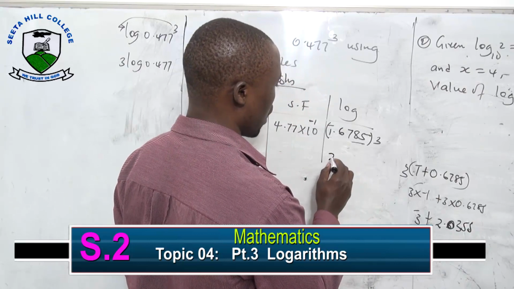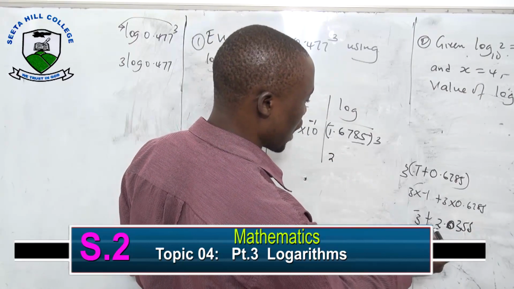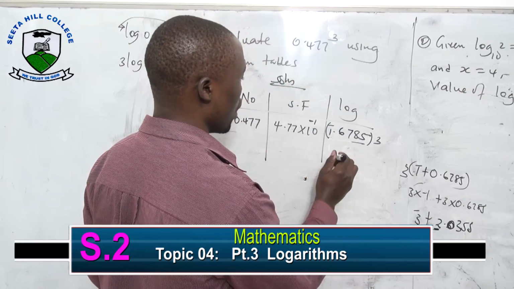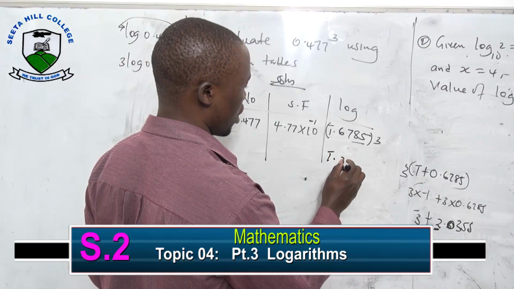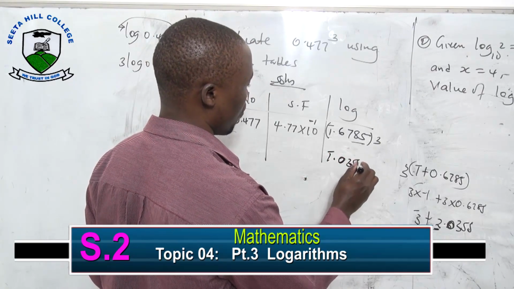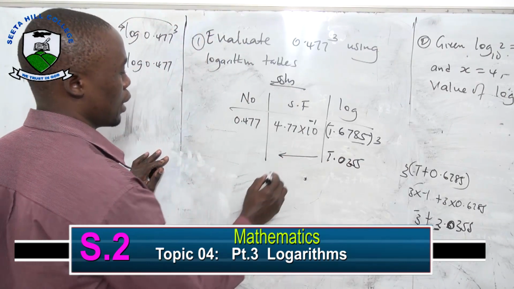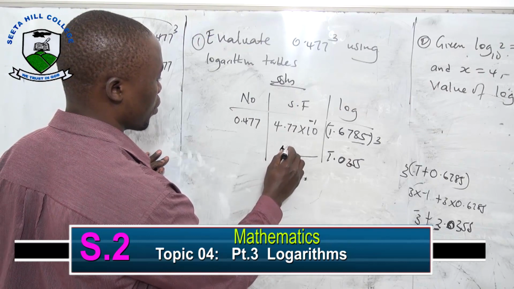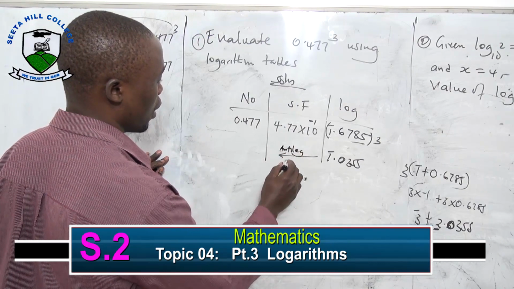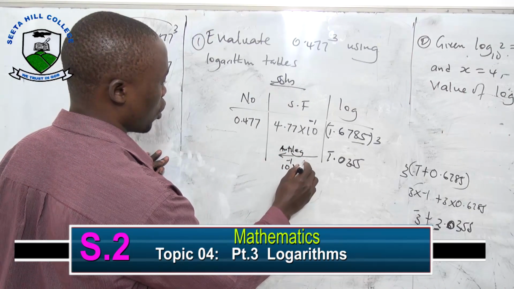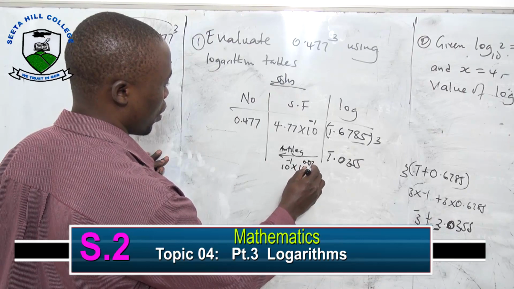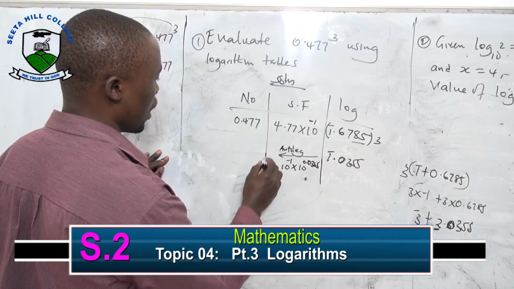Then this is 2, this is 3, this plus that. So negative 1.0355. And log it. See, this is 10 to power negative 1 times 10 to power 0.0355. You get?